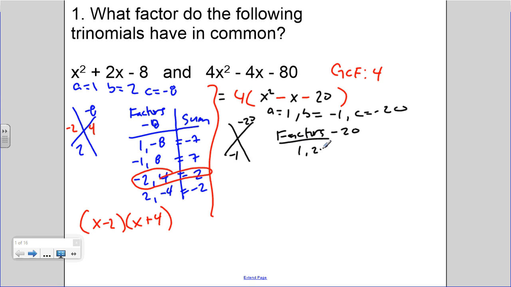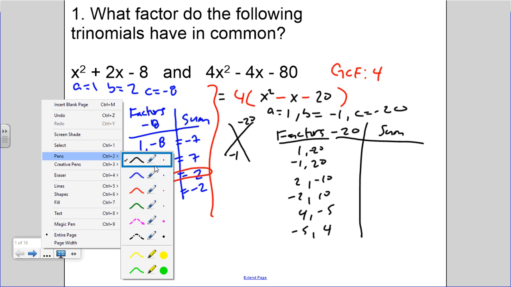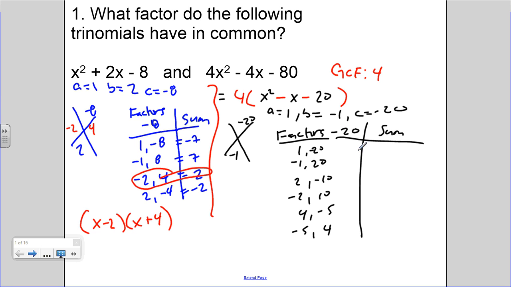So you got 1 and -20, -1 and 20, 2 and -10, -2 and 10, 4 and -5, -5 and 4. The sums: -19, +19, -8, +8, -1, +1.